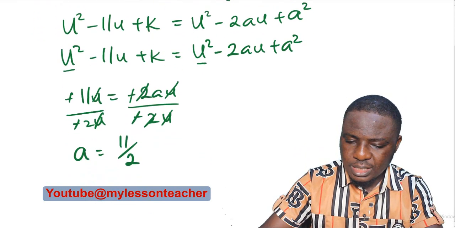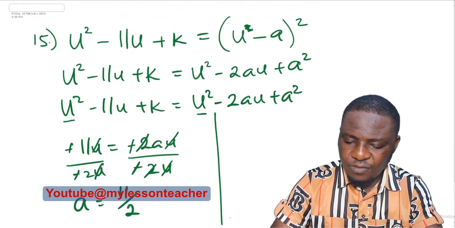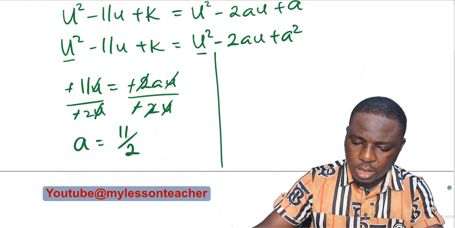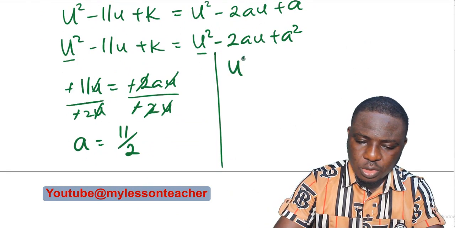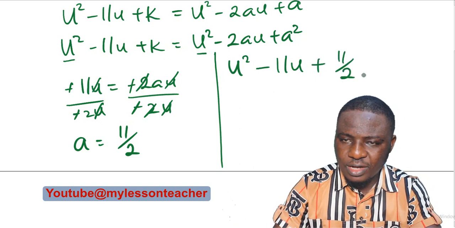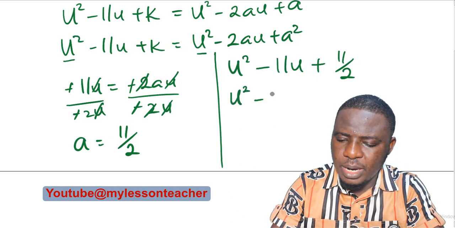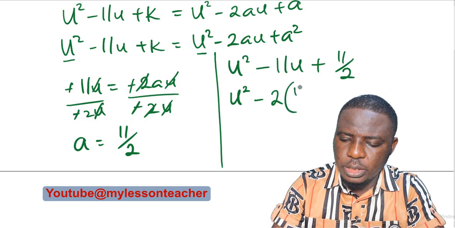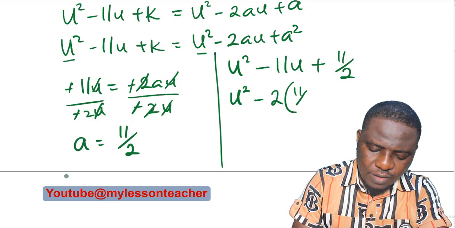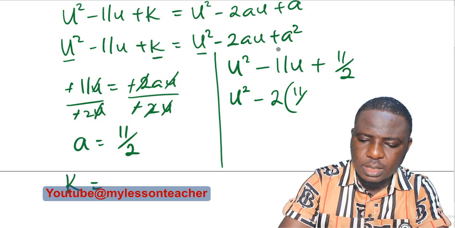And if that is that, it therefore means that 11 over 2 is that term that must be added to this to make it a perfect square. So this now becomes u squared minus 11u plus 11 over 2. Now let's factorize this. Okay, we have not gotten our value for k. Our value for k is said to be a squared when you compare the last term.